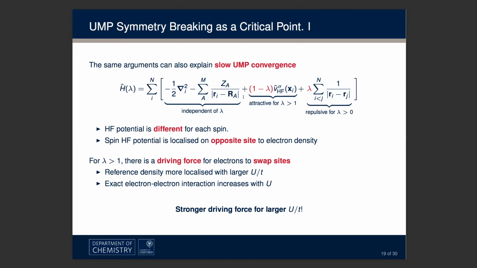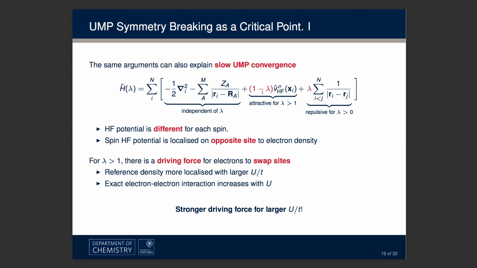And so when this Hartree-Fock potential becomes attractive, and this occurs when lambda is greater than 1, we find that there is a positive driving force for the alpha electron to occupy the density controlled by the beta orbitals, and the same for the beta electron to occupy the density controlled by the alpha orbitals.